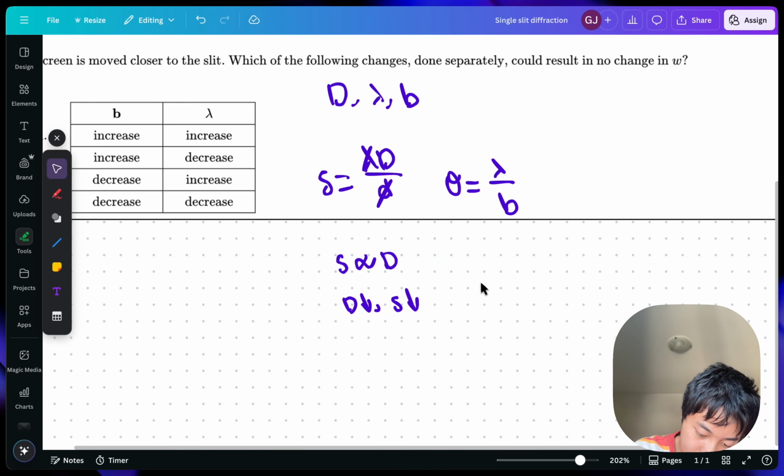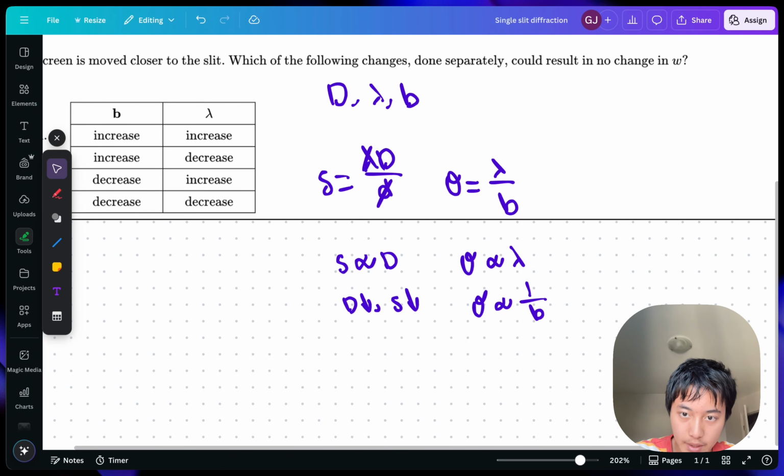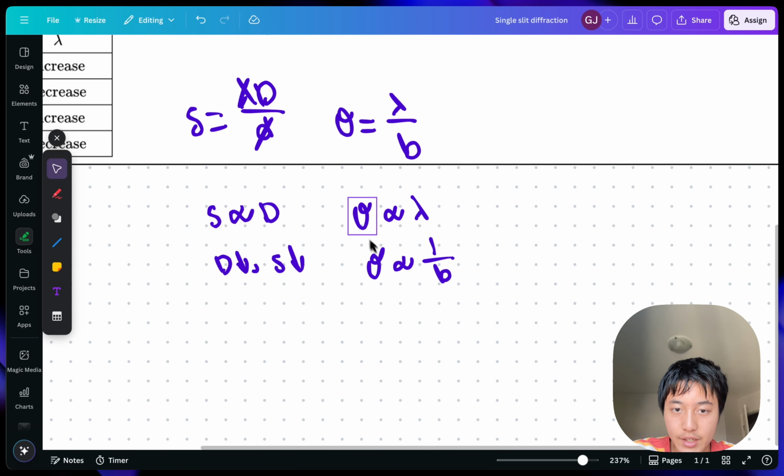The angle is directly proportional to lambda and inversely proportional to b. So to increase theta, either we increase lambda because they're directly proportional, or we decrease the slit width because it's inversely proportional. Those are the two options.